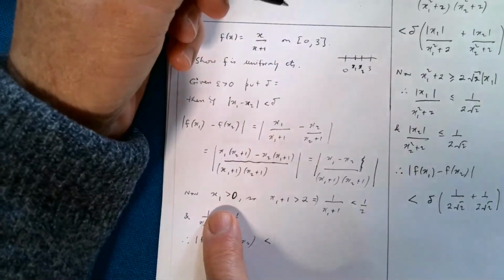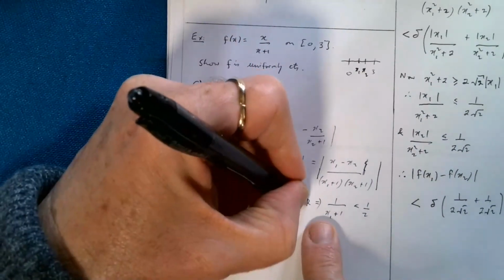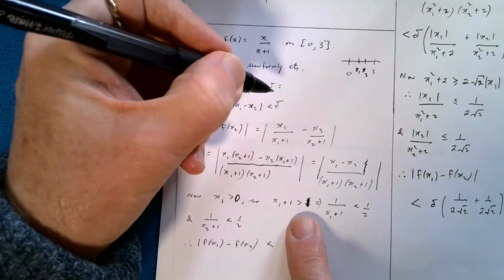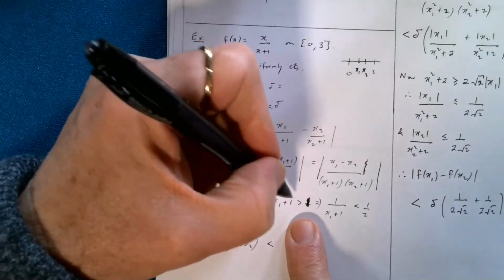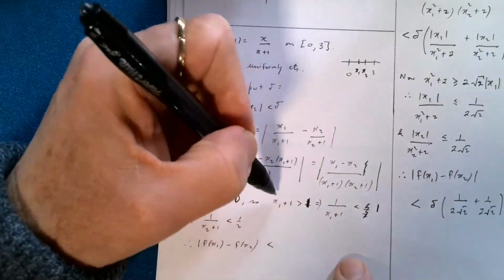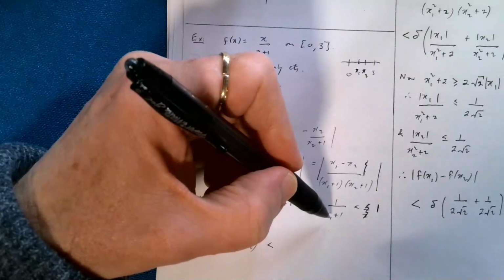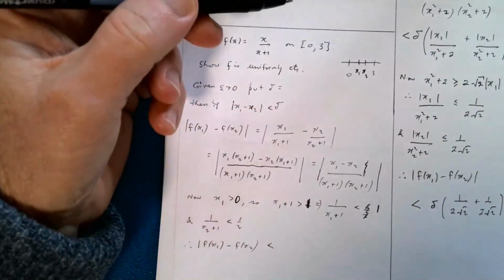So x1 is bigger than 0, and that means x1 plus 1 is bigger than 1. And when I turn these upside down, 1 over x1 plus 1 is less than 1.